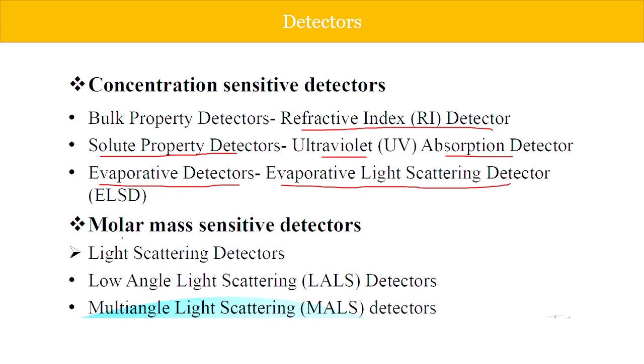Then we also have the molar mass sensitive detectors, which include the light scattering detectors: LALS, that is the low angle light scattering detectors, and MALS, that is the multi-angle light scattering detectors. So these are the few categories of detectors which we have and which we use.